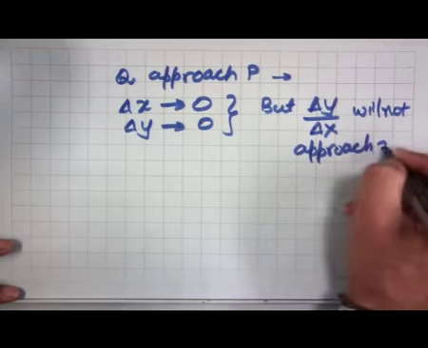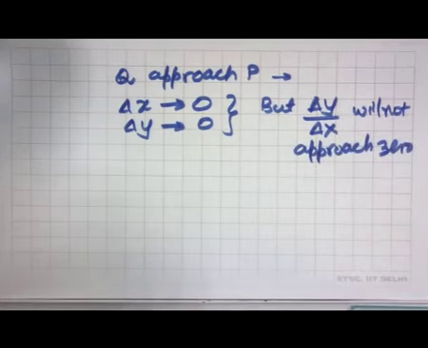In a specific case it could go to 0, but generally delta y by delta x is a small quantity that will not approach 0.